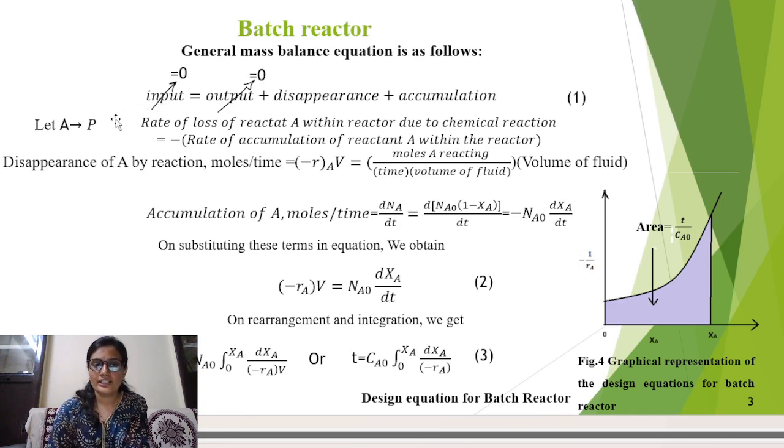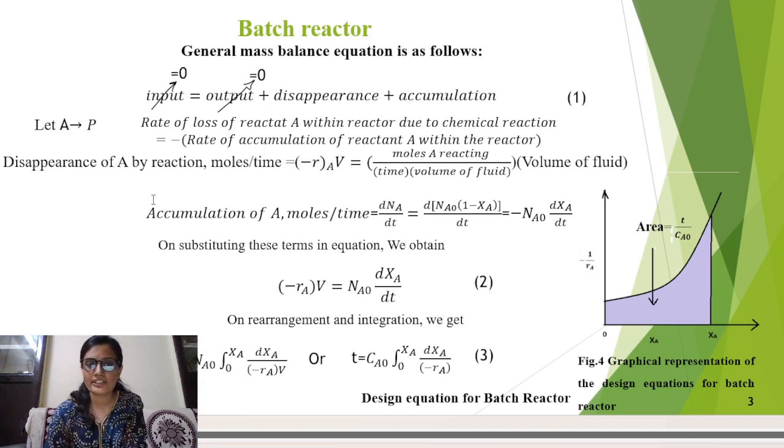Now we have only these two terms, disappearance and accumulation. Suppose we have a reaction where reactant A is going to convert into product P. Here the disappearance term can be written as the rate of loss of reactant A within the reactor due to chemical reaction, which will be equal to minus the rate of accumulation of reactant A within the reactor.